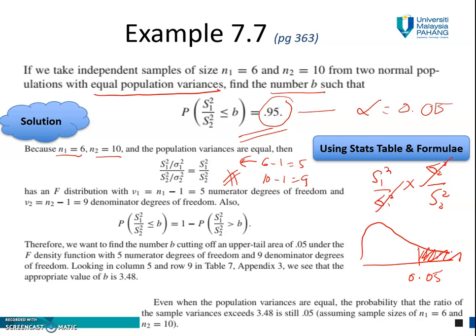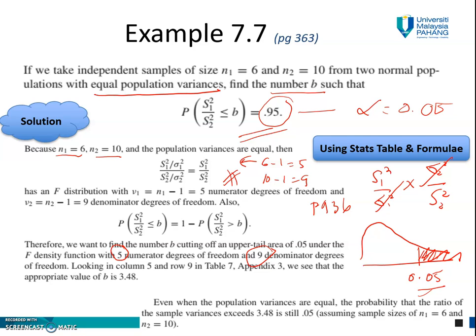Now if you look at the statistical table formula from your applied statistics class, it will be page 37. Look here, 5, 9, and then you look here at 0.05. So you find 0.05 first.